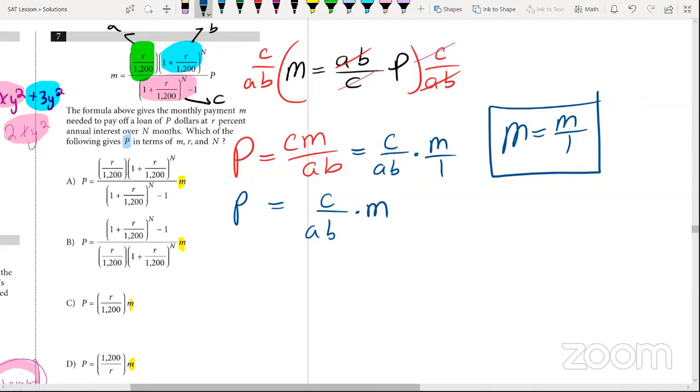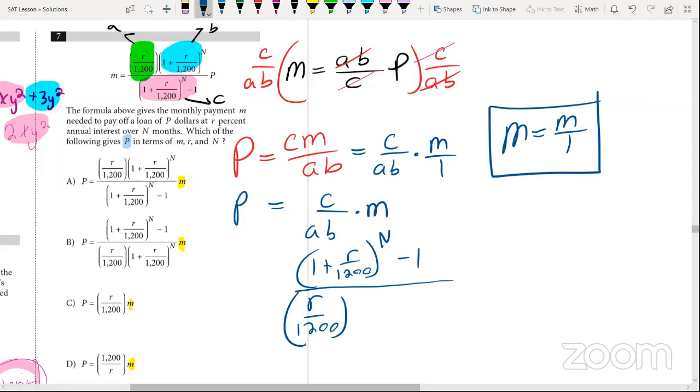Looking through here, all we have to do now is replace what we had in green, blue, and pink. So the C, we'll write it back in as 1 plus R over 1200 to the N minus 1. That's replacing C where it was. The A is the green one, R over 1200.